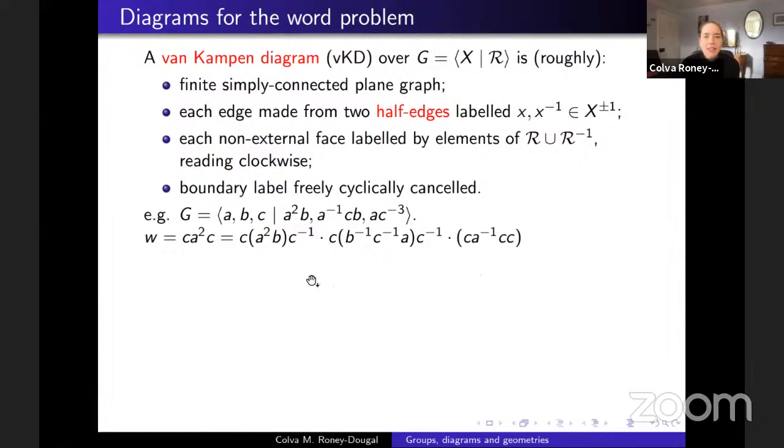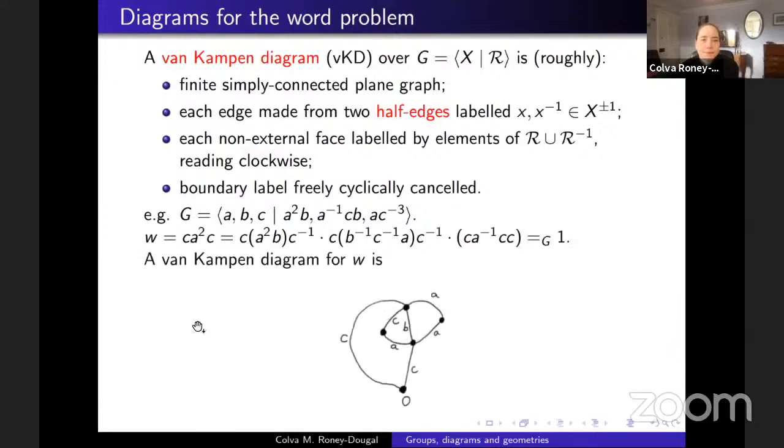And to see that that's the same as W, notice that I cancel the C inverse with the C, the B with the B inverse. Remember, we've got a C A squared there. C inverse with the C, the A with the A inverse, this C inverse with this C, and all I've got left is C A squared and a C at the end. So those are the same words in the group.